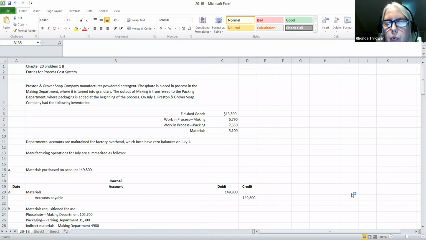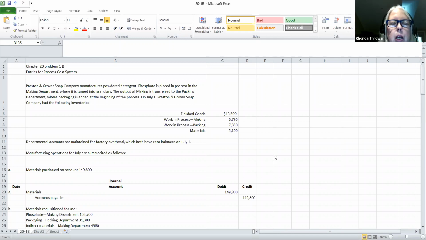We would credit work in process for the finished units, and then we would debit that to the next department's work in process to transfer it to the next department, where we would add materials, labor, and overhead. And then when we're finished with that in the department, we would transfer it from the second department into, let's just make it simple, finished goods. So we're going from department to department to department until the product is finished, and then it enters into finished goods.